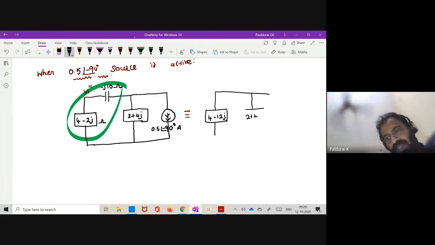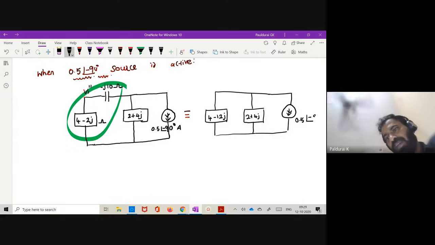Then this is 2 plus 4j, and here the current is 0.5 at an angle of minus 90 degree, okay. This time what is V1 double dash?